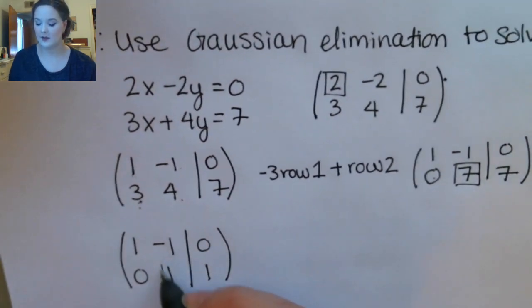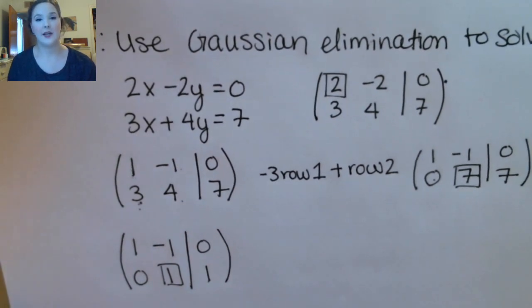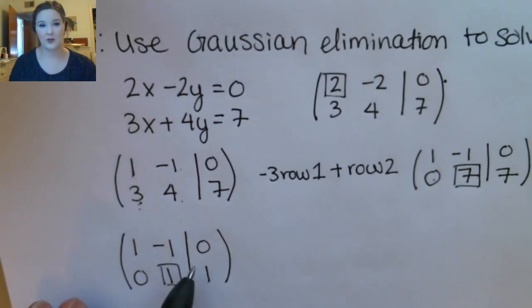Now you can see my diagonal entry is a 1, and there's nothing below my diagonal, so I don't need to do anything to make that 0. Now there's no more diagonal entries, so that part of the process terminates. So that's the first component: you get the diagonal entries to 1, and you get 0 below them.